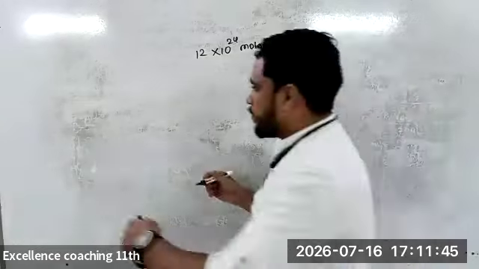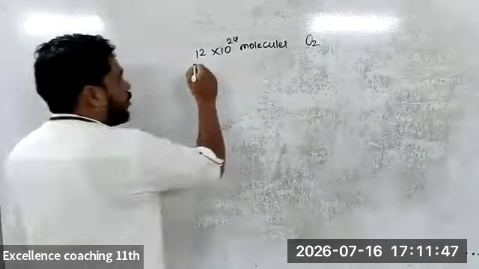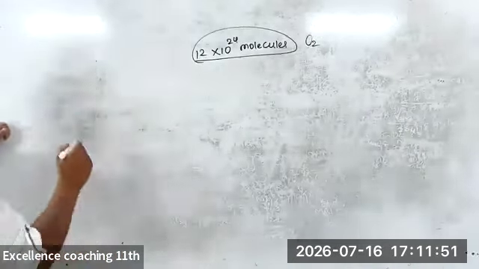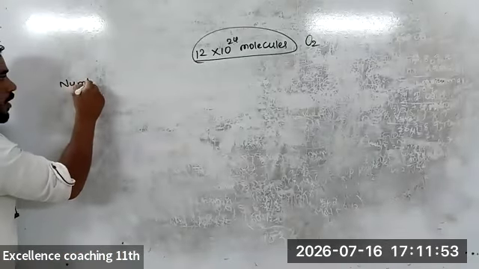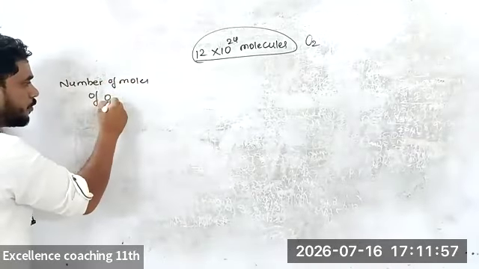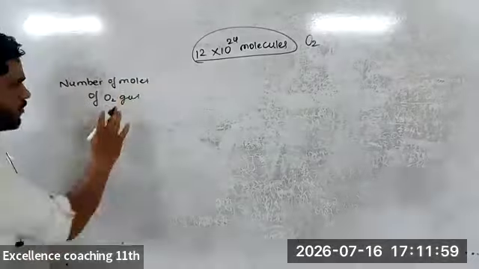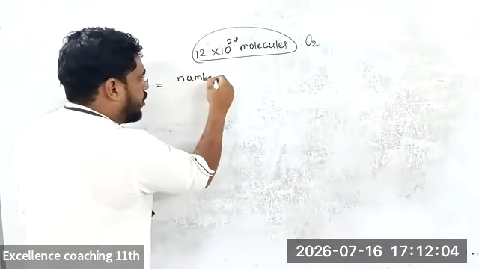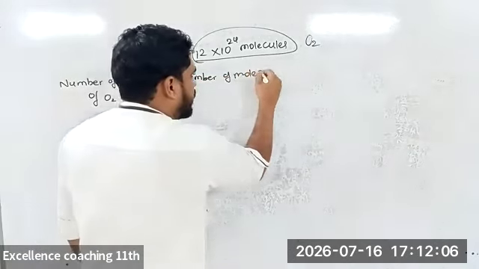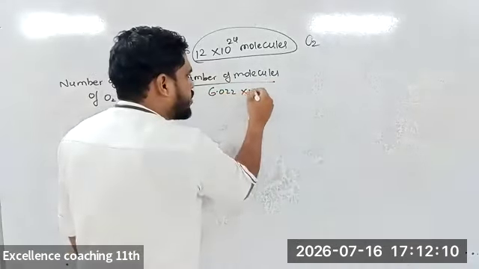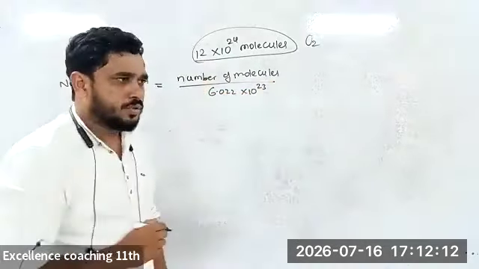First, you have to check what is given. Molecules. Okay. So I will write this formula first. Number of moles of O2 gas or oxygen, what is given, is equal to number of molecules upon Avogadro's constant.